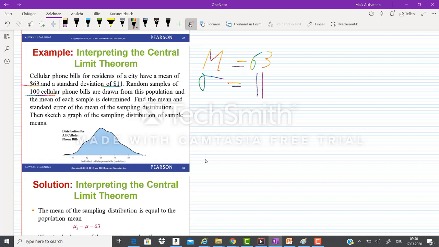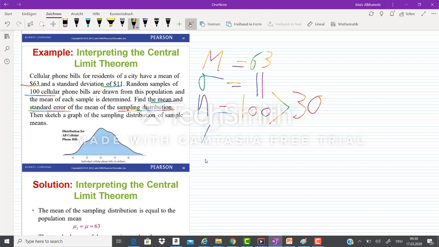Okay, now the sample size, the random sample that I took, was n equals 100. First thing, I compare it with 30. n equals 100 is bigger than 30, so I apply the first case of the central limit theorem in this case. Find the mean and standard error of the sampling distribution.